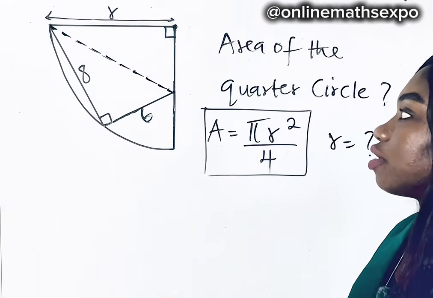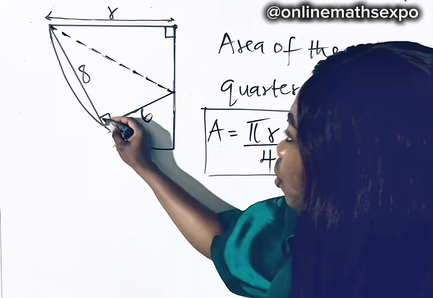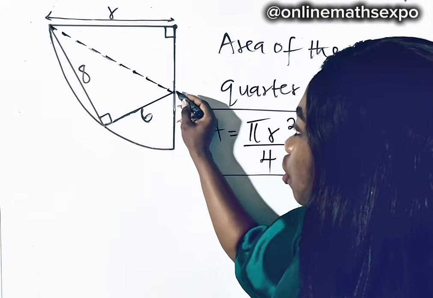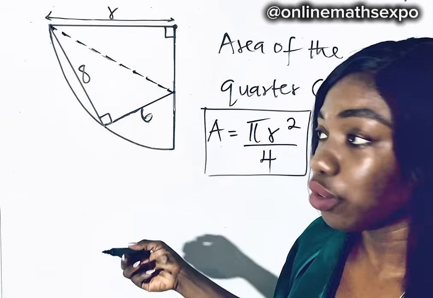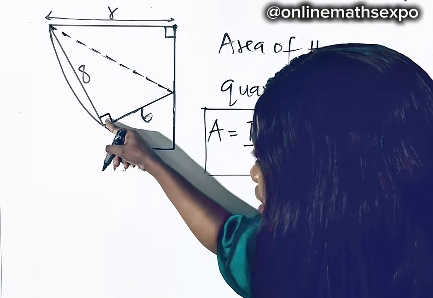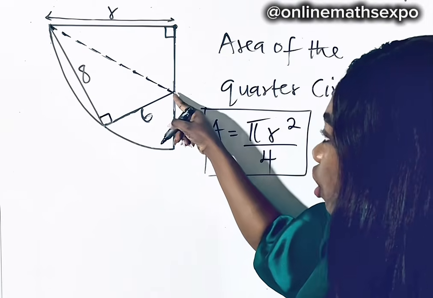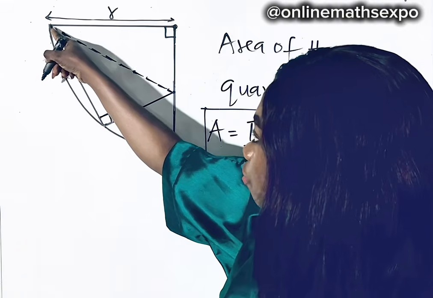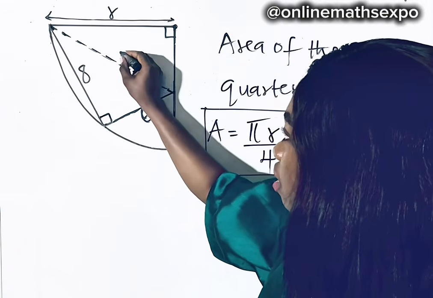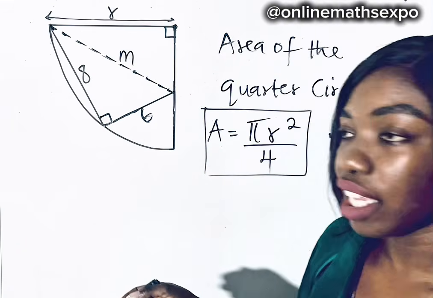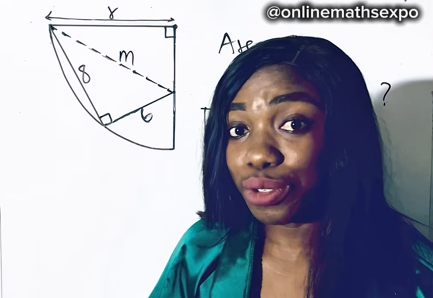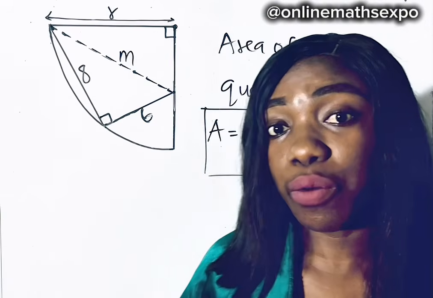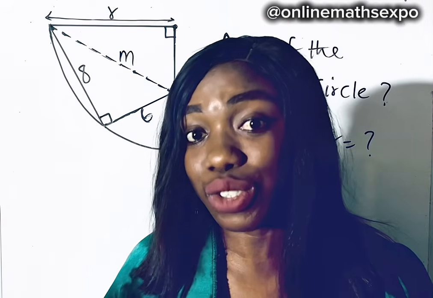That's what we have. Now if you look at this inner shape, it is a right triangle because of this 90 degree angle here. So we can try to find this length, let's label it m. How do we find that length? Remember to use your Pythagorean theorem anytime you are working with the sides of a right triangle.